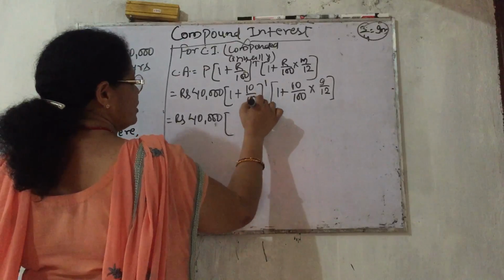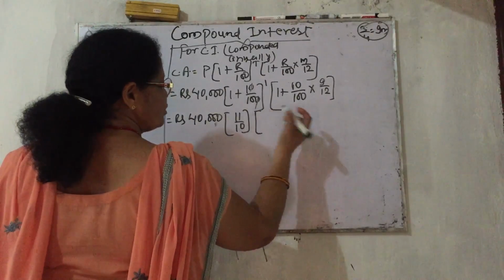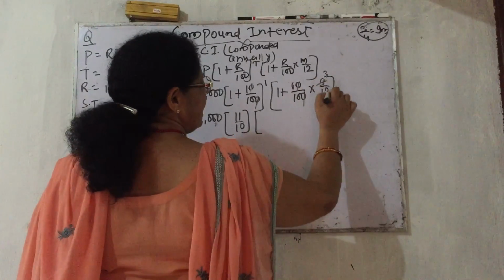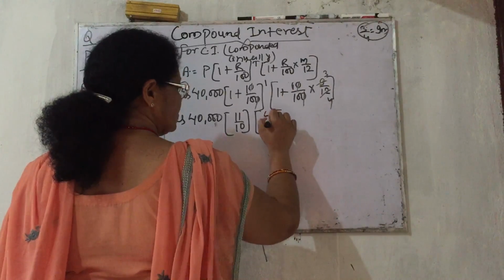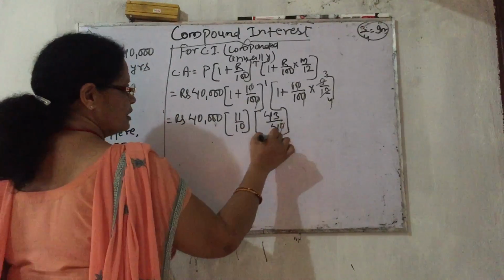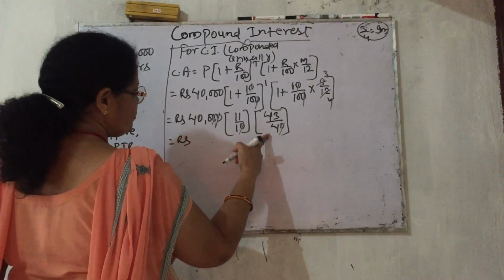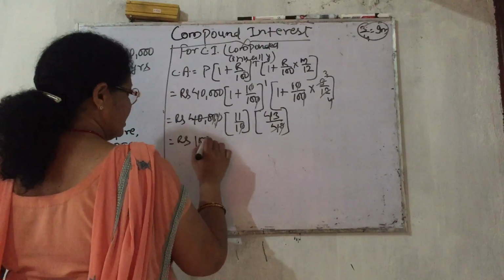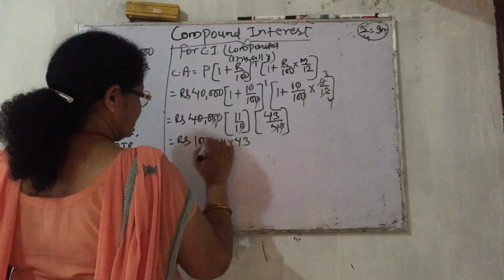Rupees 40,000 into, 10 and 1 is 11, so 11 by 10 in this bracket. In the other bracket, 10 cancels; 3 3s are 9, 3 4s are 12. So 10 4s are 40 and 3 is 43, so 43 by 40. Cancelling gives 100 into 11 into 43.